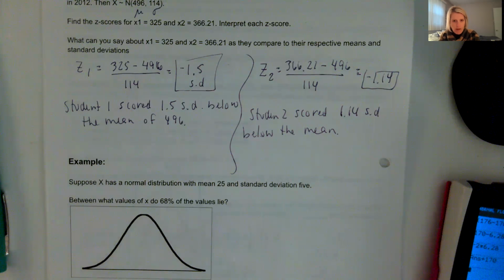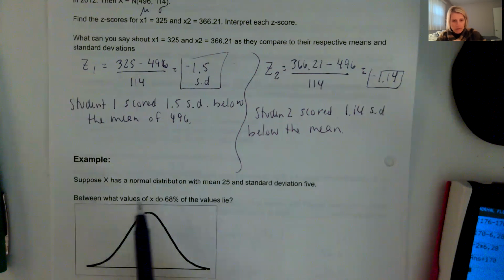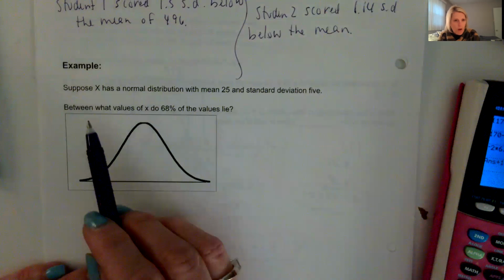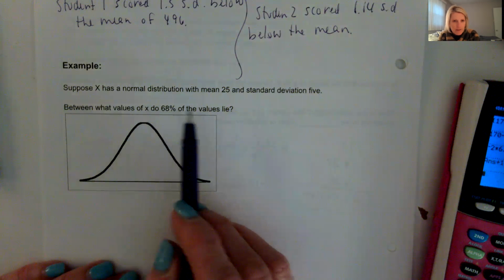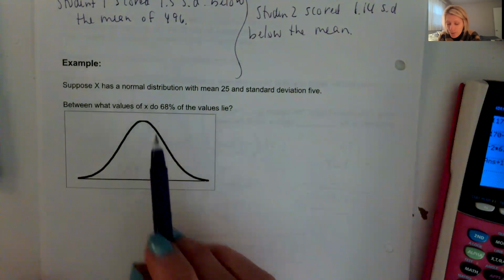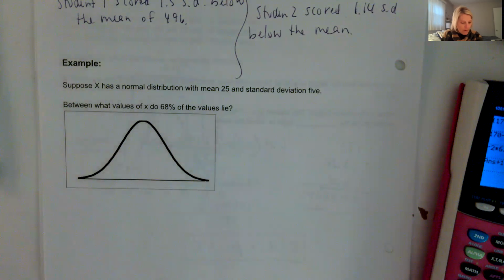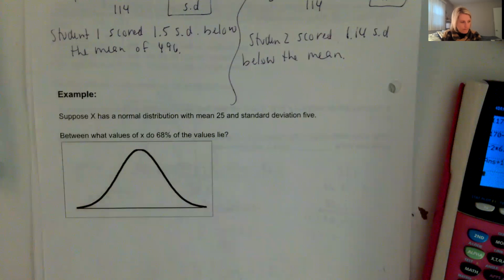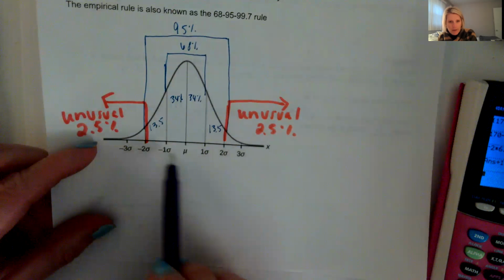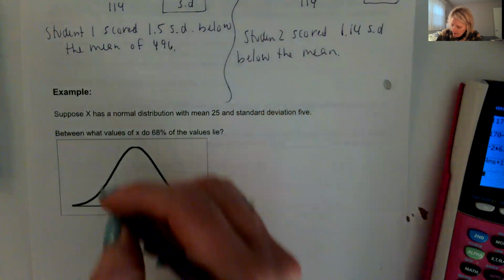Okay. The next one says, suppose X has a normal distribution with mean 25 and standard deviation of 5. Between what X values do 68% of the values lie? Okay, 68%. The cool thing is we know from our curve that we learned here that 68% falls between -1 and 1 standard deviation.